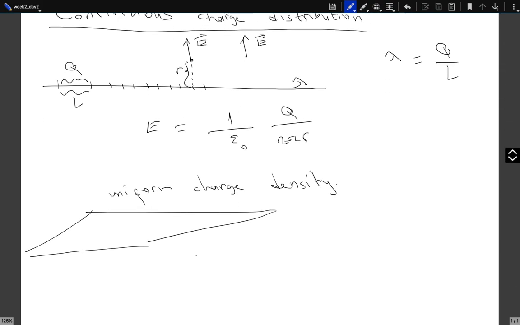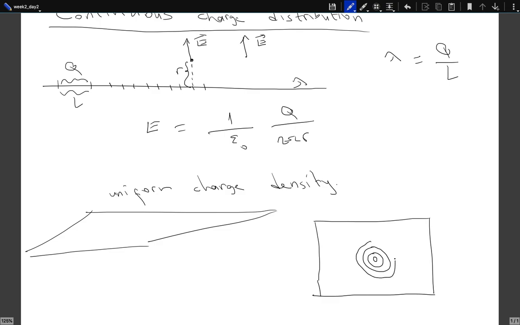In the case of an infinite plane, we will basically do the same thing. But rather than taking very thin segments as for the infinite wire, the first thing we will do is divide the infinite plane into very small rings. Still, these rings are not point charges, but if you open up each ring, it's basically a wire.